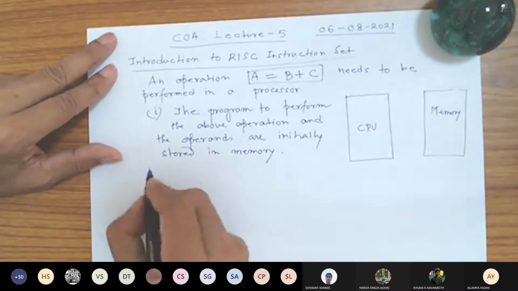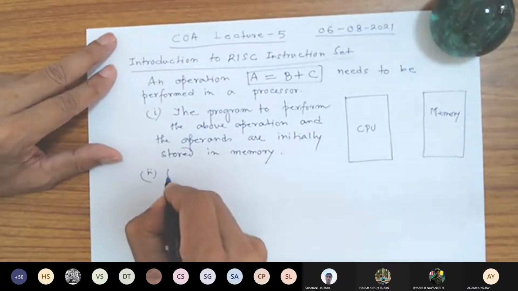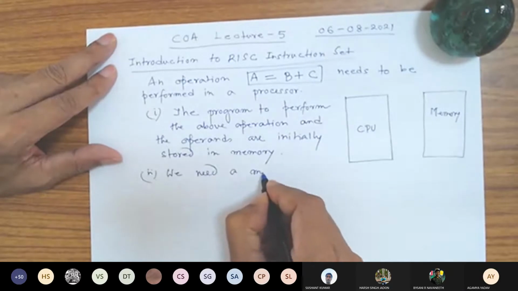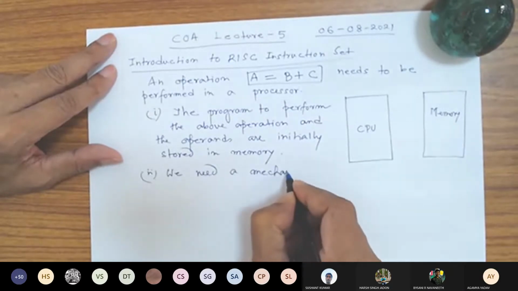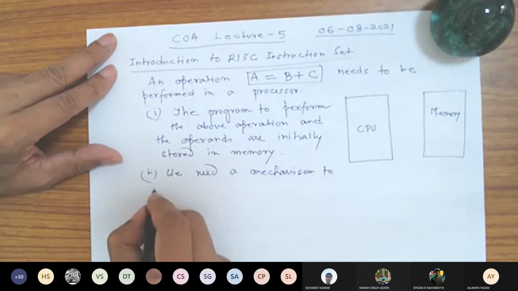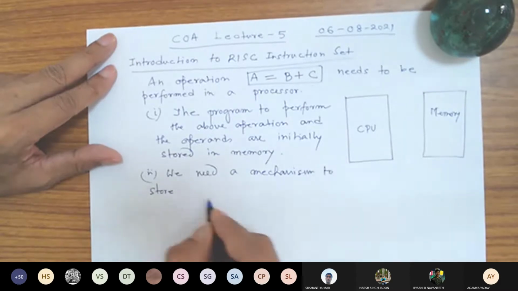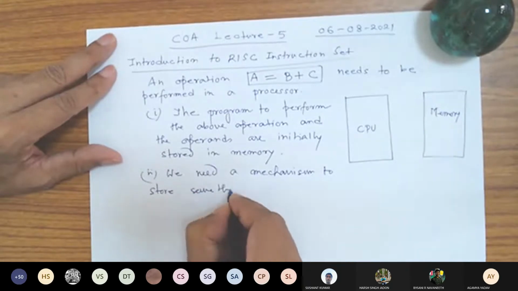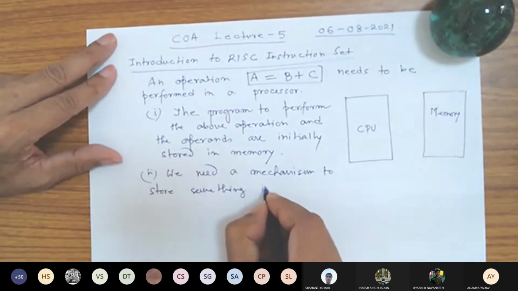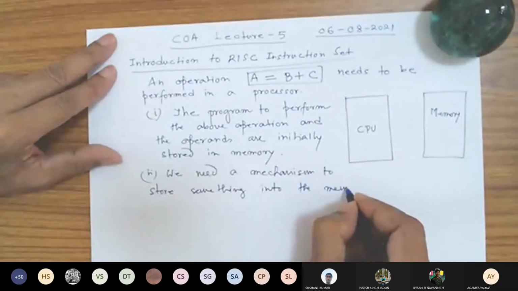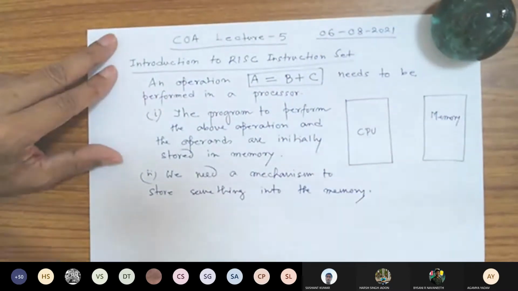That means we need a mechanism to store something into the memory.